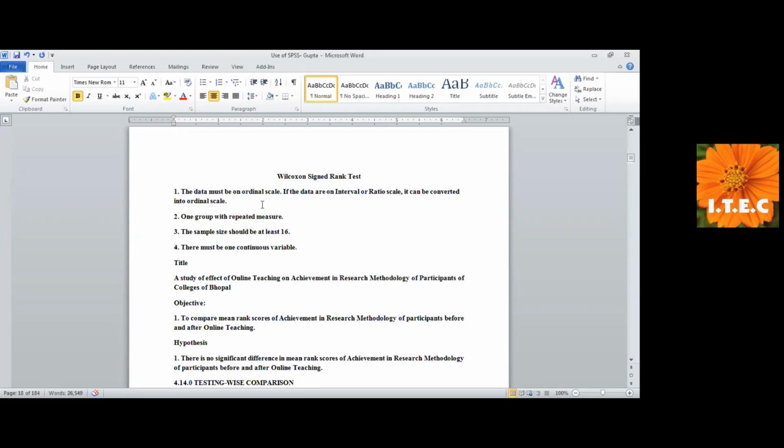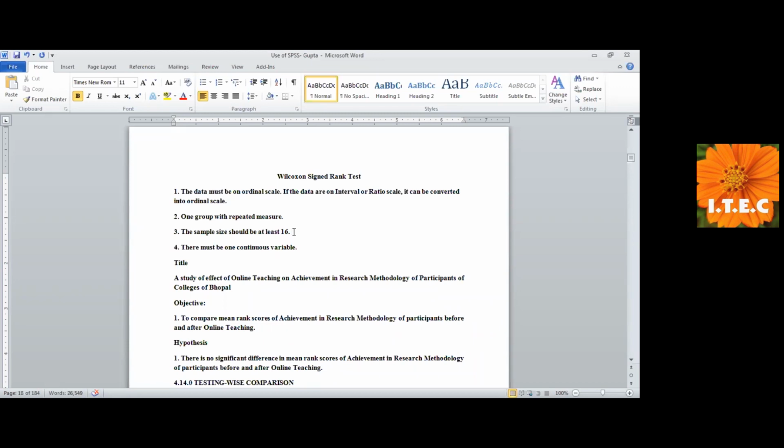Number two, in the Wilcoxon signed rank test, your sample size should be at least 16. But in the sign test, your sample size may be less than 16, it does not matter. So these are some of the differences.